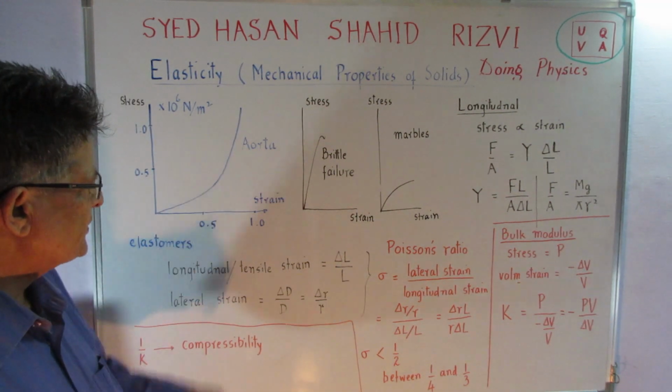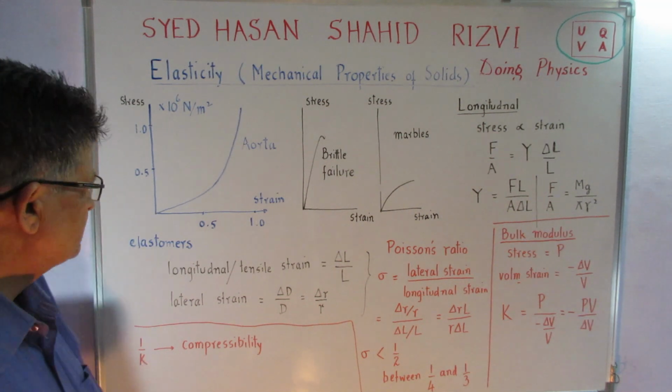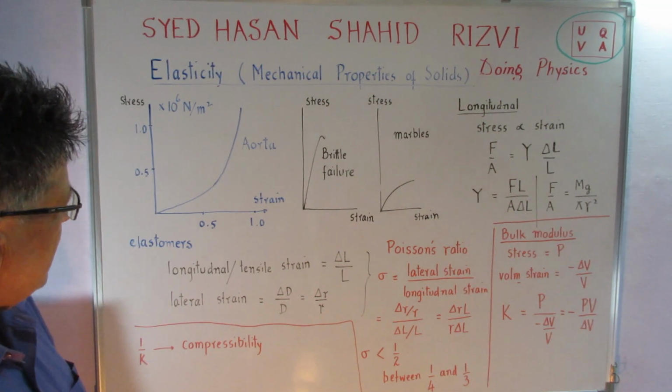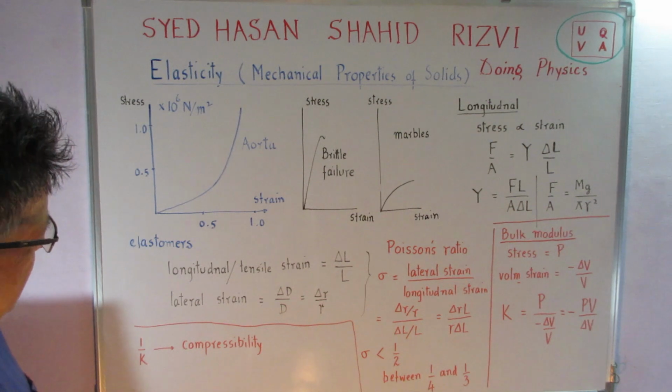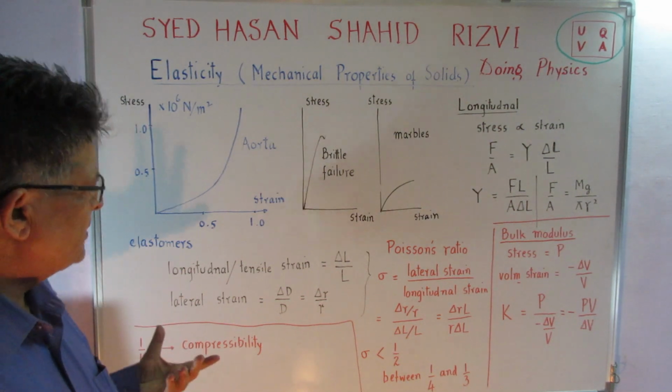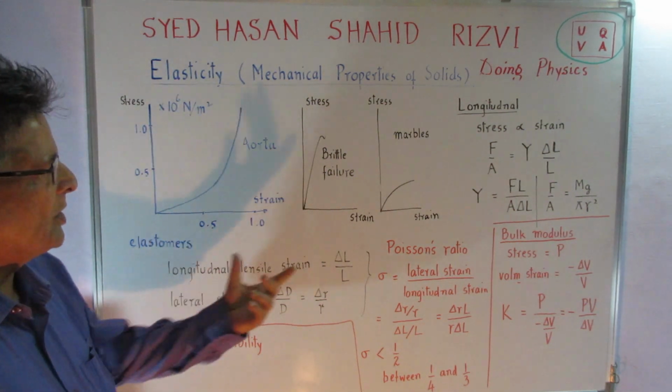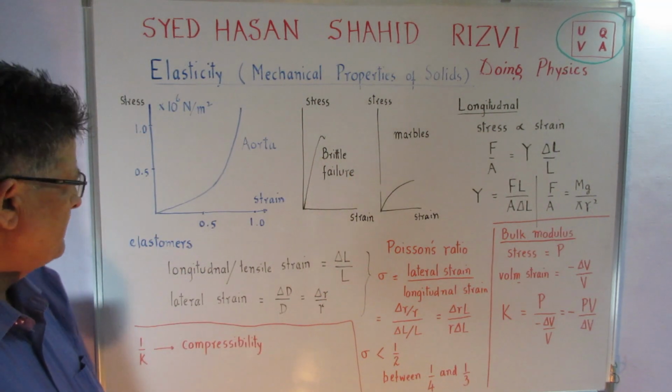Here also the elasticity is poor. Elasticity is said to be good when the modulus of elasticity is high.